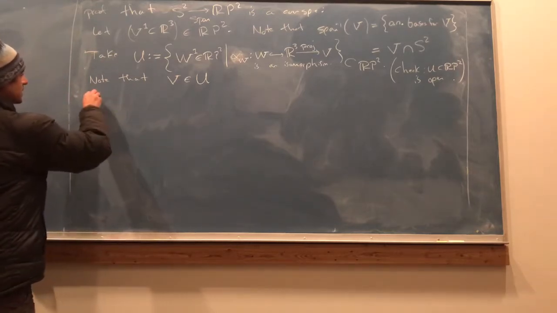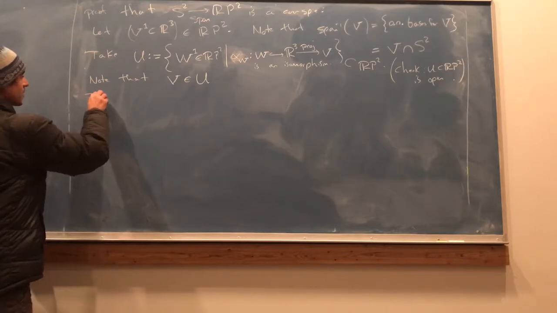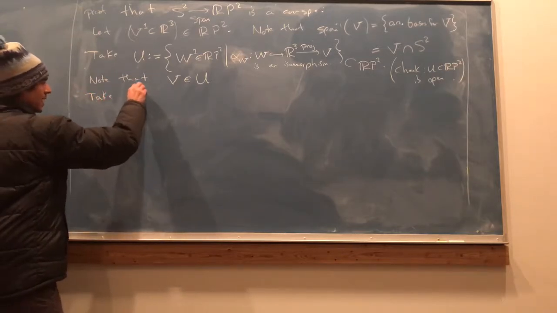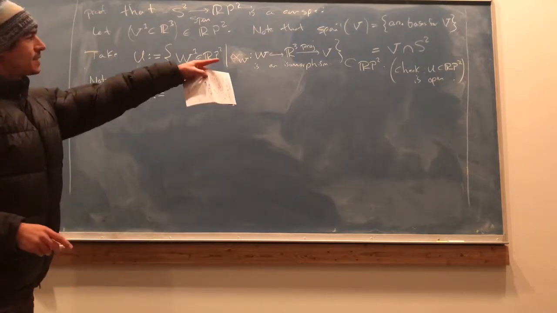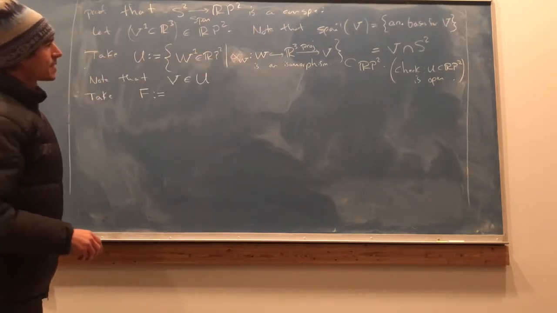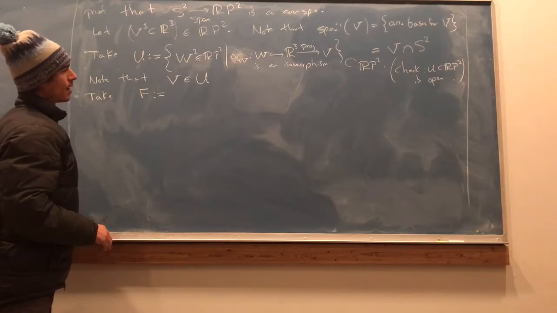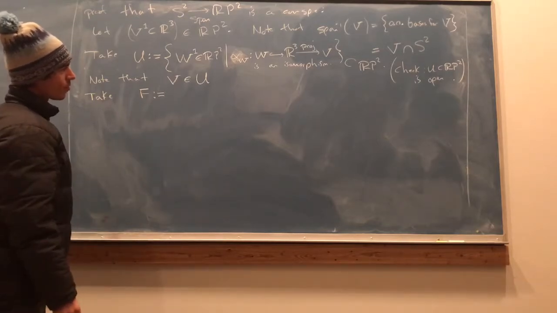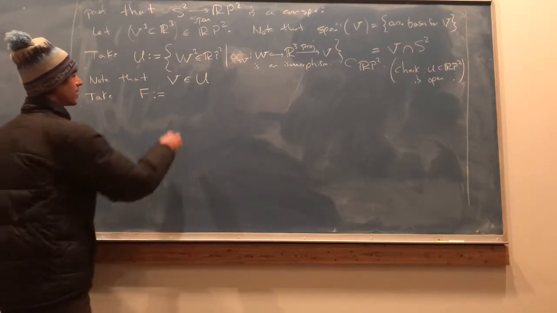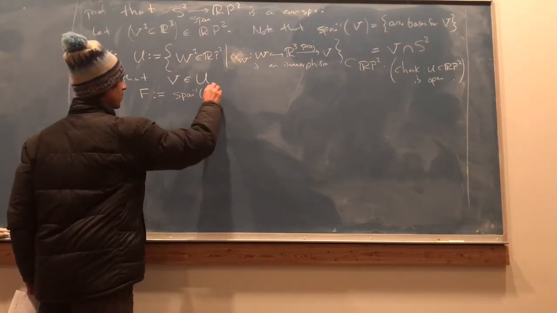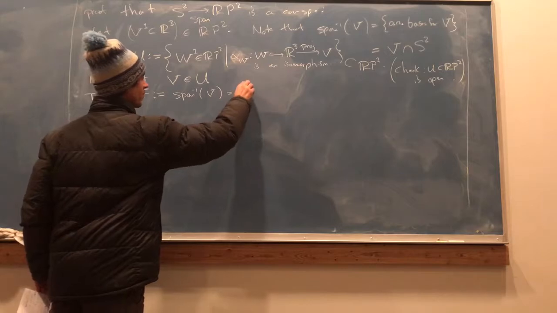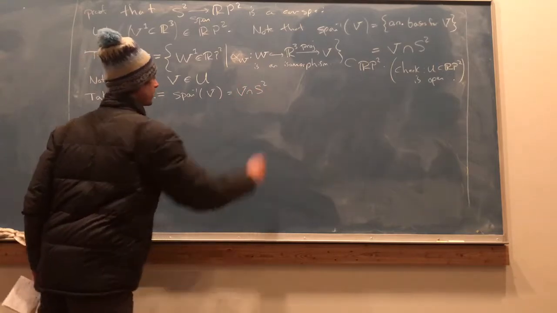Let's take the set F to be the set of all orthonormal bases for V. Take it to be span inverse of V, which you could alternatively write in this way.